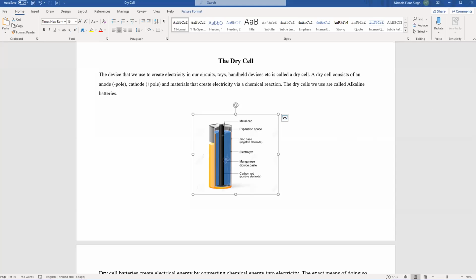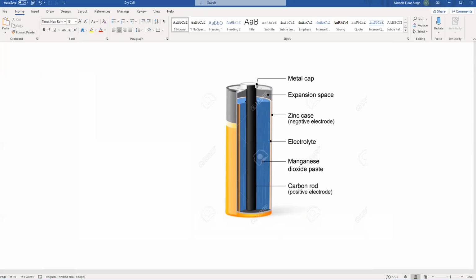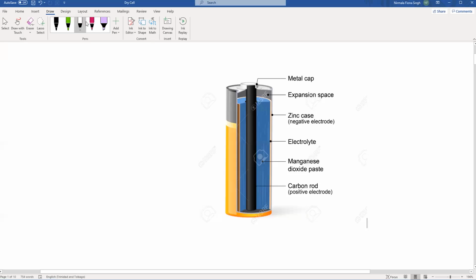So if you were to look at our dry cell, it has what on it? It has a center core. All right, this is our center core in the middle here that goes up to your metal cap. So that's our center core, and we have at the top our positive pole.